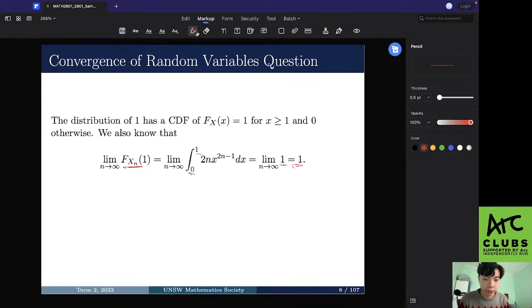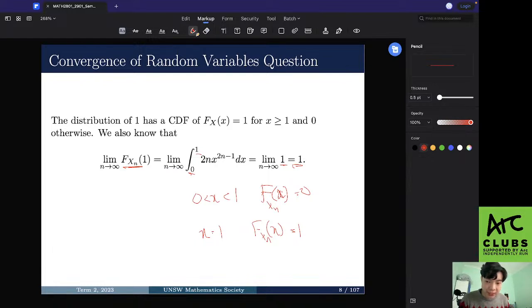So what we've shown is that for x in the range 0 to 1, f of x is equal to 0. And then if x is equal to 1, then f of x is 1, right, for xn.